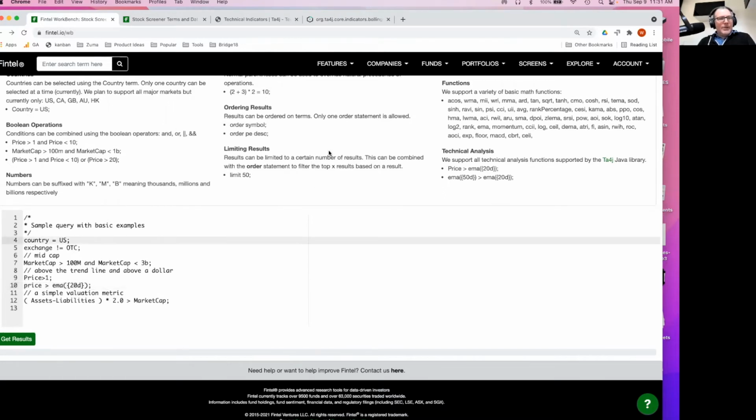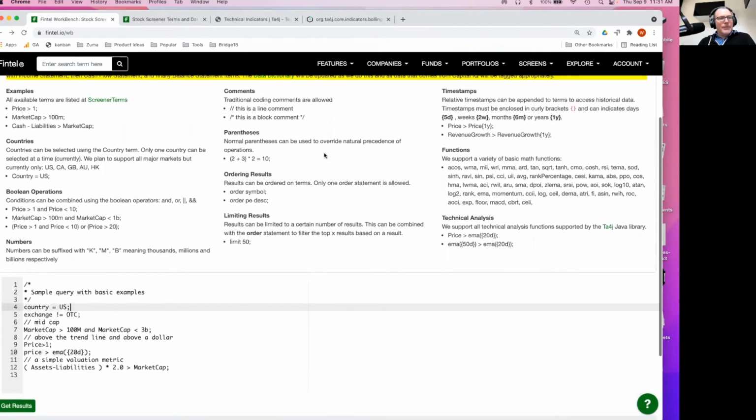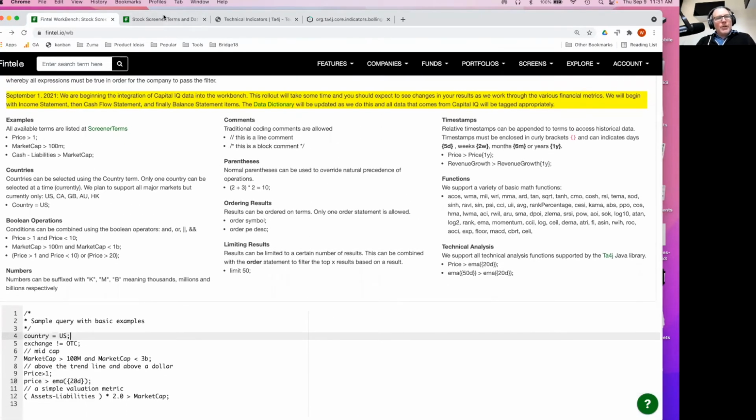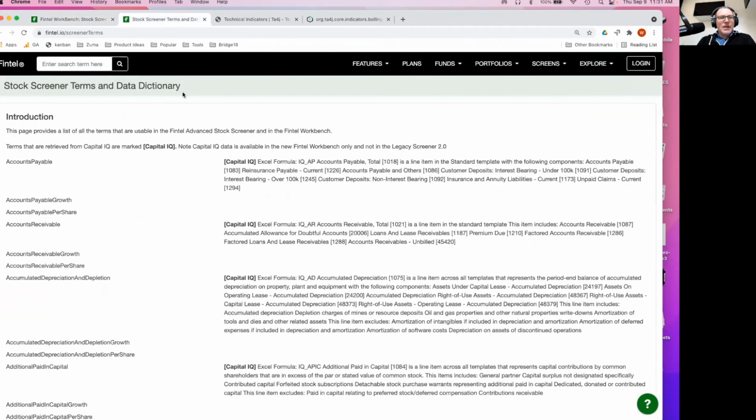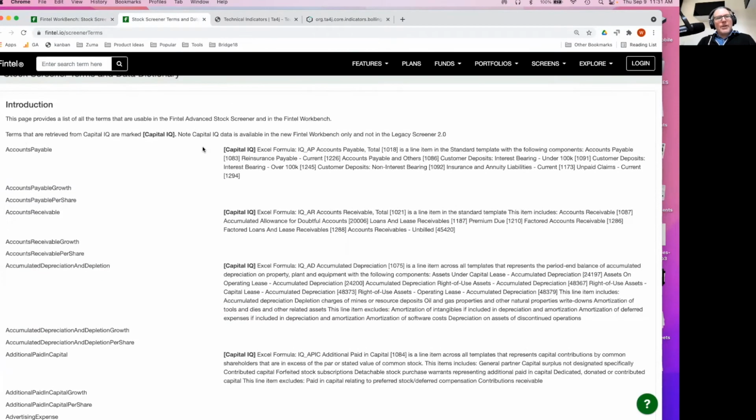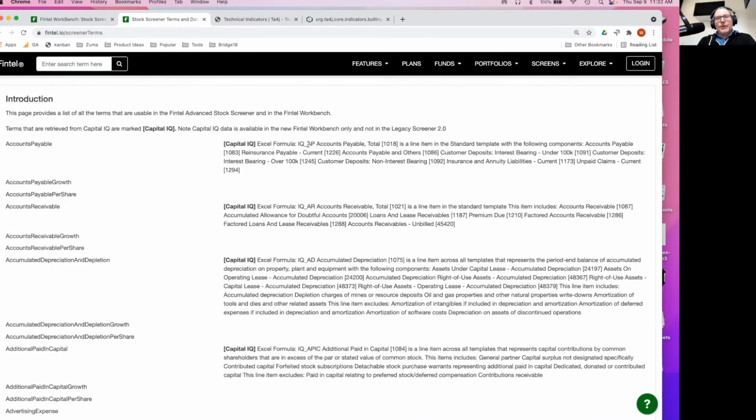Like I said, let's look at some of the screener terms. Do we have data related to hedge fund buying activity? Yeah, we do. Let's look at some of the terms here. Now, this is something that we're working on. We license Capital IQ data, so for all the data licensed from Capital IQ, we're going to show you what their description is.